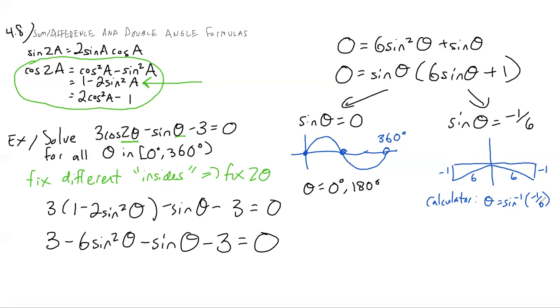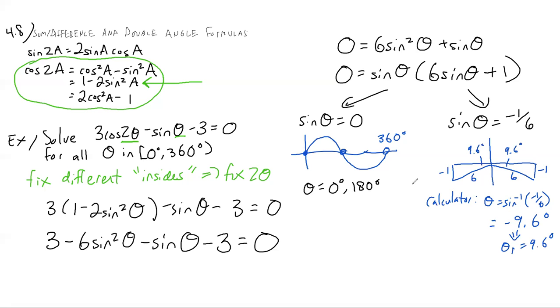Or you can use the 1 over 6 to get the reference angle, but this should get me one of these actual solutions or something close to it. If I plug this in, it's going to give me negative 9.6 degrees. So that's not in my range of 0 to 360 at all, but it does tell me that the reference angle is 9.6 degrees. So that does tell me that this is 9.6 and this is 9.6.